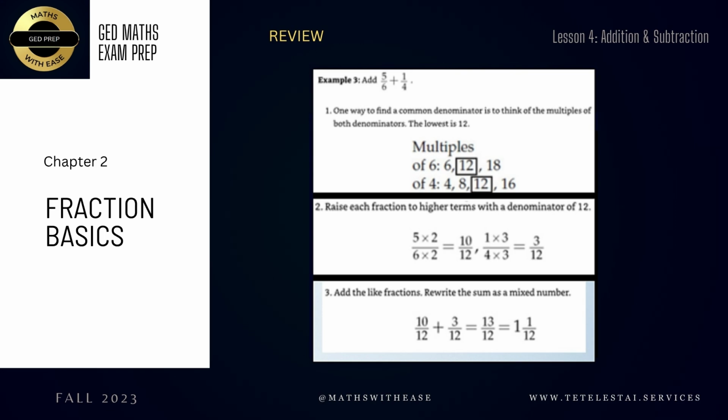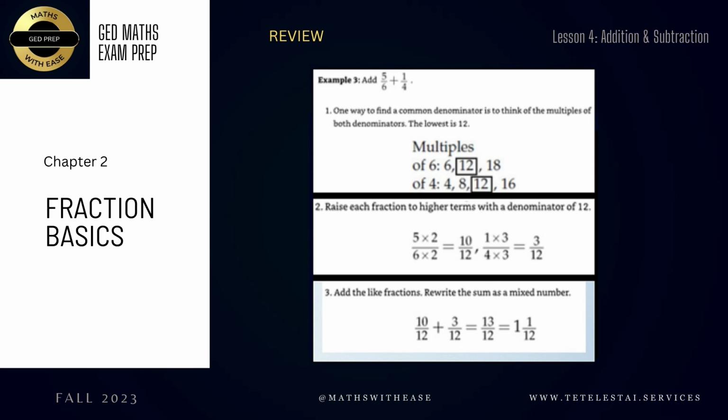So you always want to start with the particular number that you're looking at as a multiple of itself, and then continue as needed, right? So 6 is a multiple of itself. The next multiple is 12 because 6 plus 6 is 12. And then the next multiple is 18, or 6 plus 6 plus 6 is 18, or 6 times 3 is 18. You can also think of this as 6 times 2, which is 12, right?